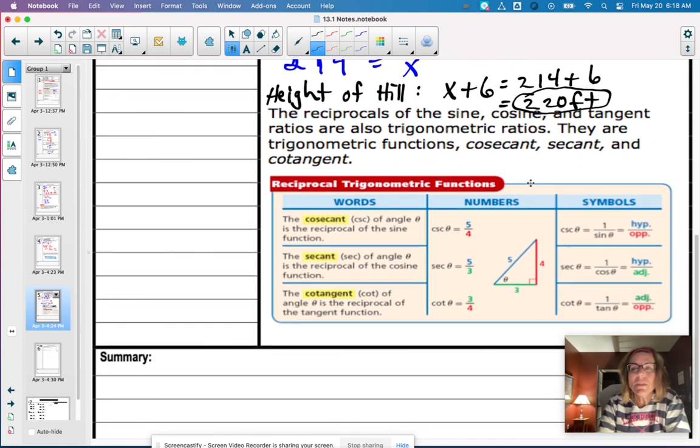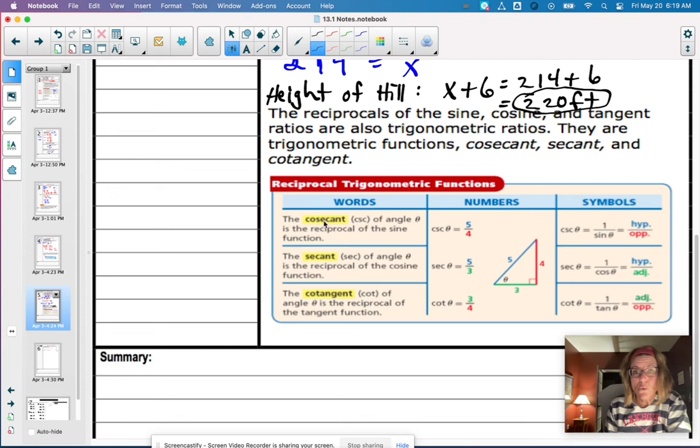So reciprocals of the sine, cosine, and tangent ratios are also trigonometric ratios. They are trigonometric functions called cosecant, secant, and cotangent. Basically, they're not difficult. You just have to know how to flip, or take a reciprocal.